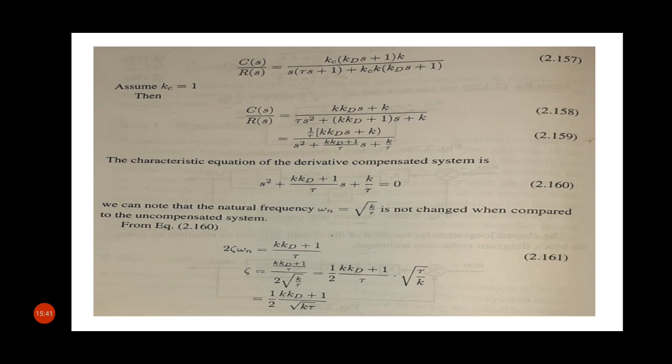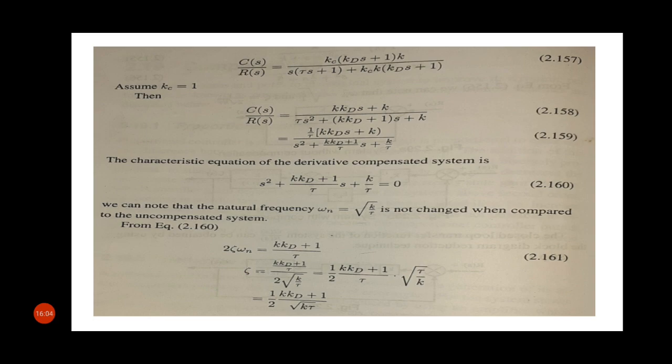Here if we assume Kc equal to 1, then our equation will be C(s)/R(s) equal to (K Kd s plus K) divided by (tau s square plus (K Kd plus 1) into s plus K).